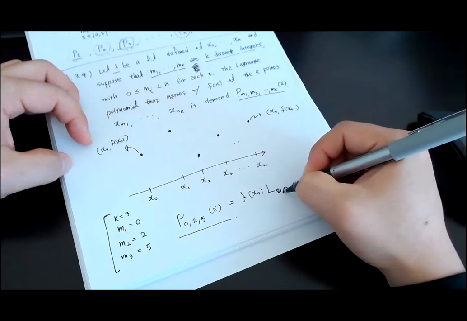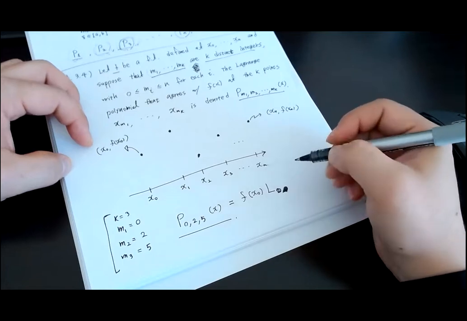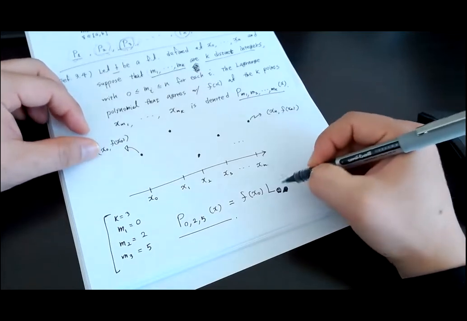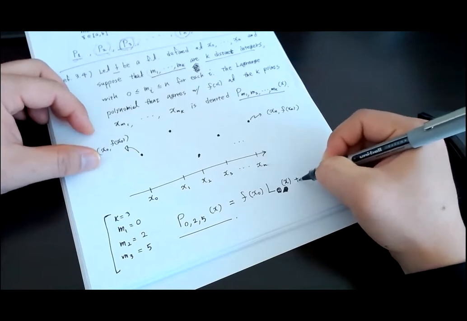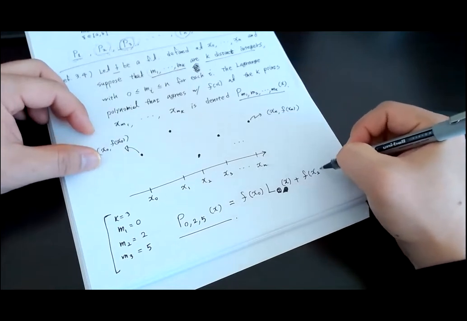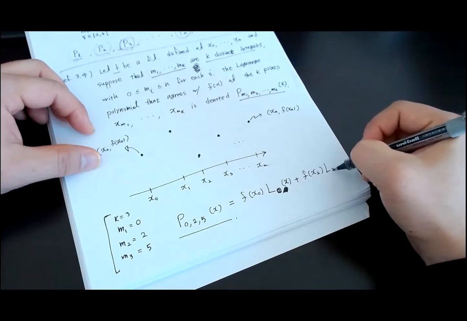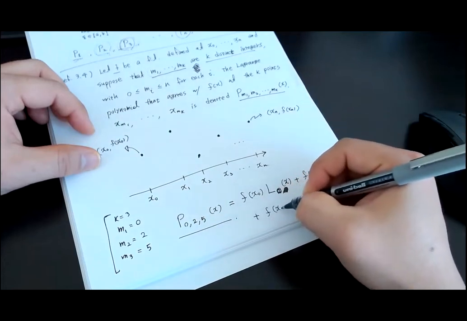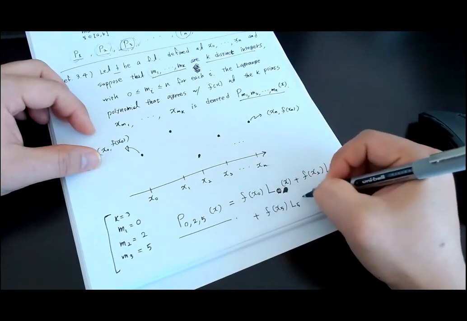Okay? So this is different from the notation we have used in chapter 3.1. This is L0 of x plus f of x2 times L2 of x, and then plus f of x5 times L5 of x.